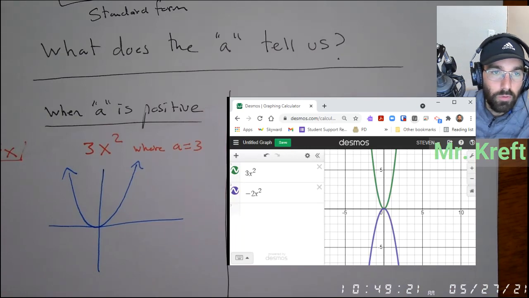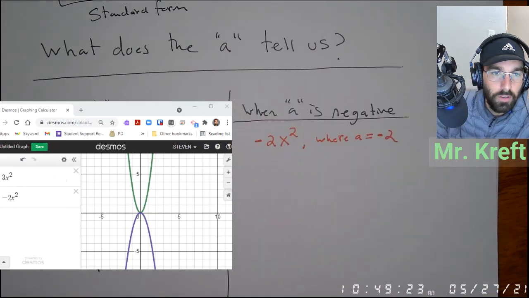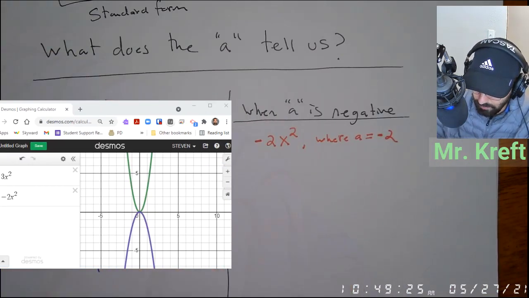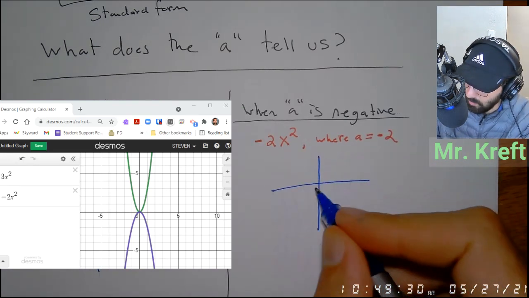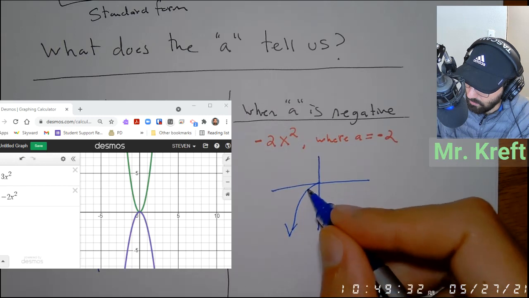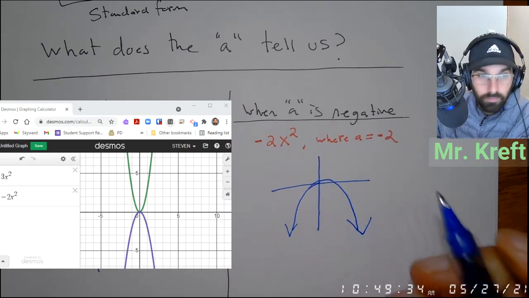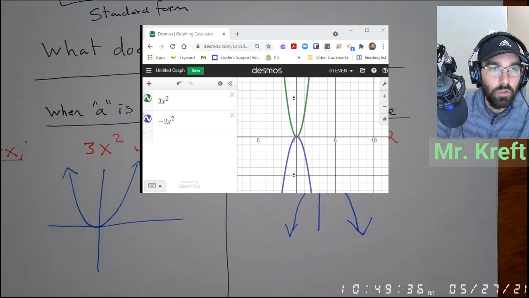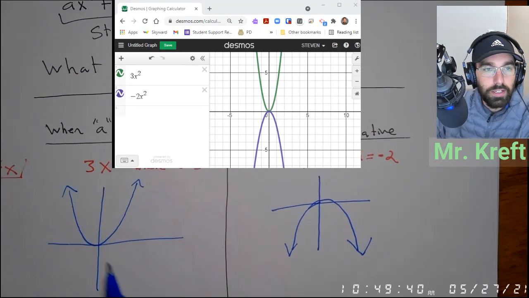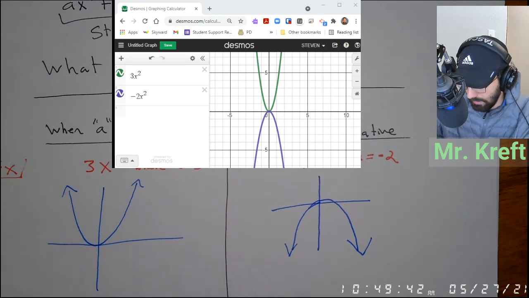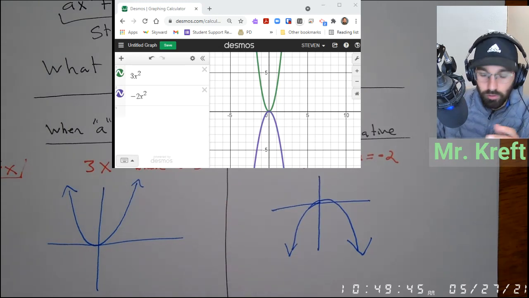Let me graph that here on a coordinate system. So we have these two graphs. One is going up, one is going down.